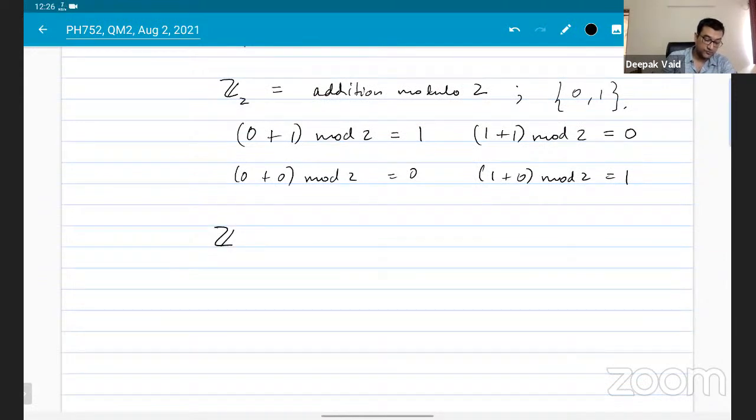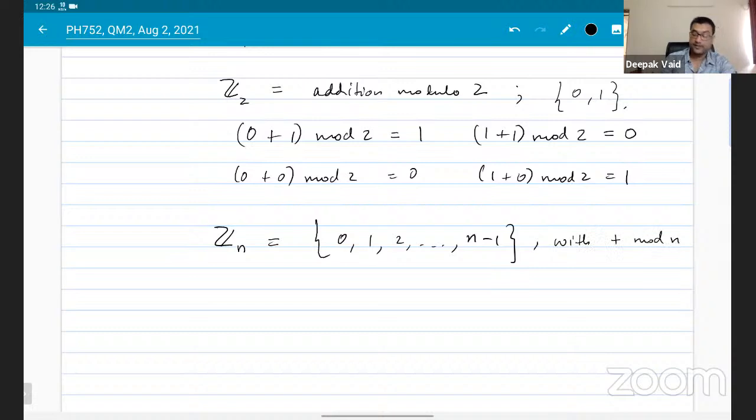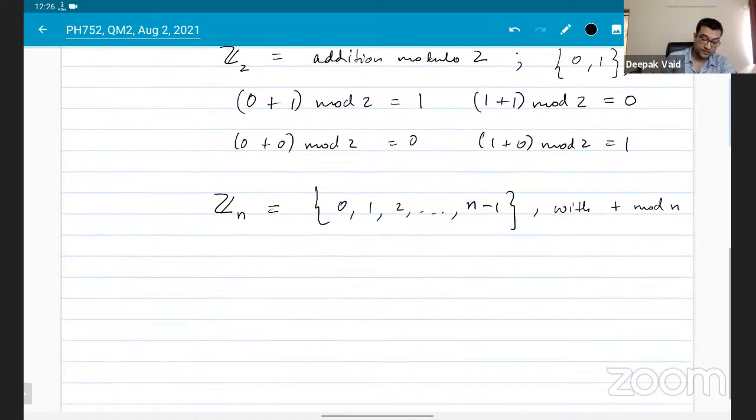Another group which is very important is called Zn. So we'll write it like this: the set of the first n minus 1 integers with 0, with addition mod n as your group multiplication, and 0 as the identity.